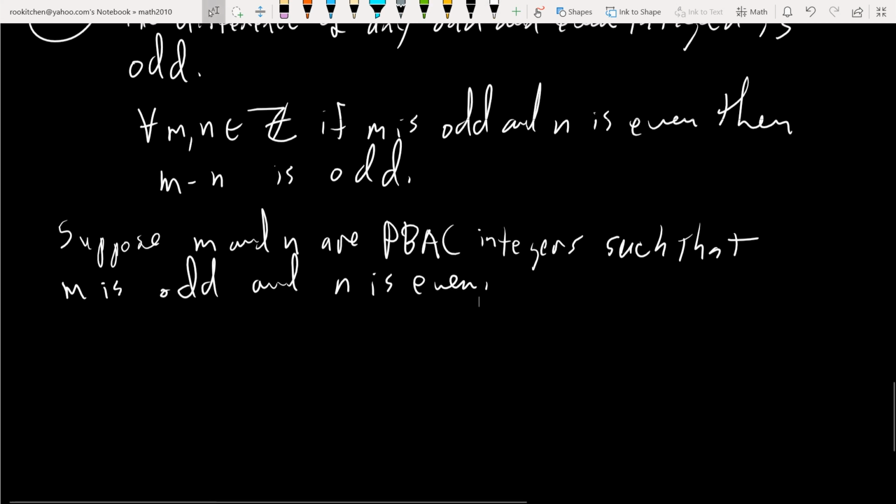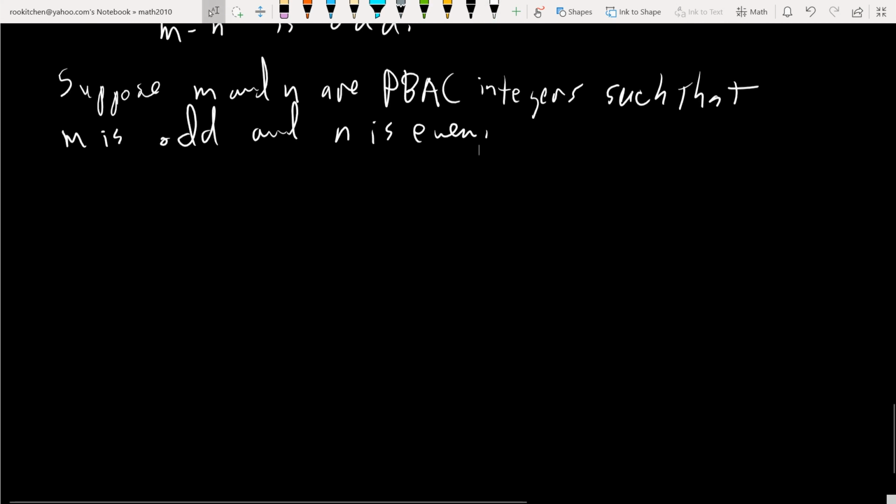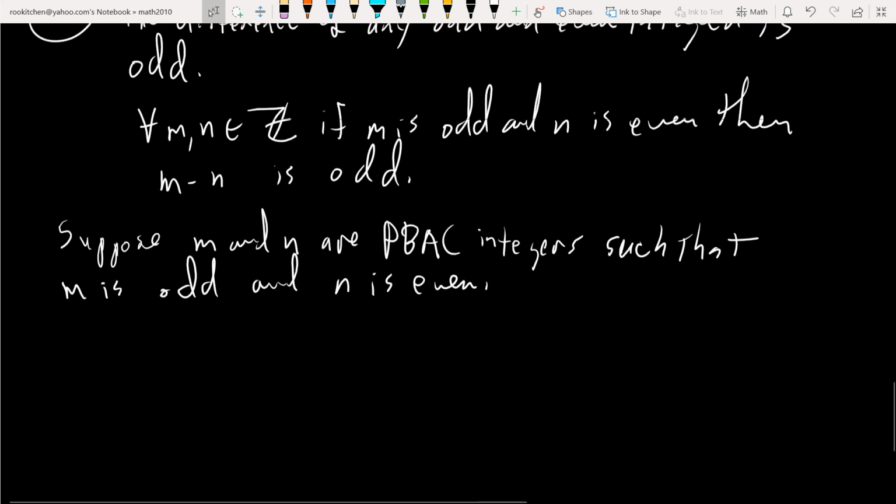Okay. Some teachers will actually then have you write down where you want to end up at the bottom. So you could write, therefore, m minus n is odd, if that helps. Sometimes having a goal in mind will help you. Okay. All right.